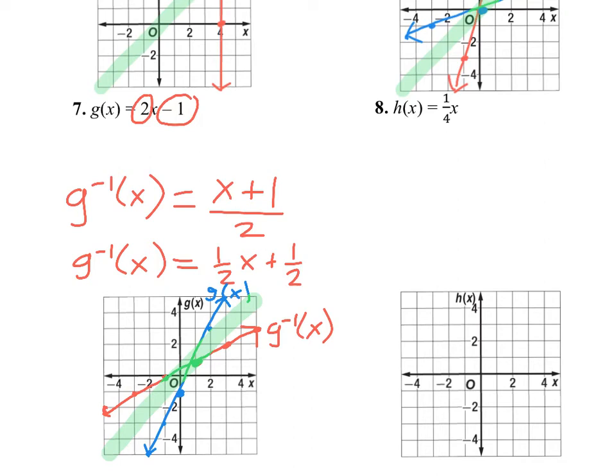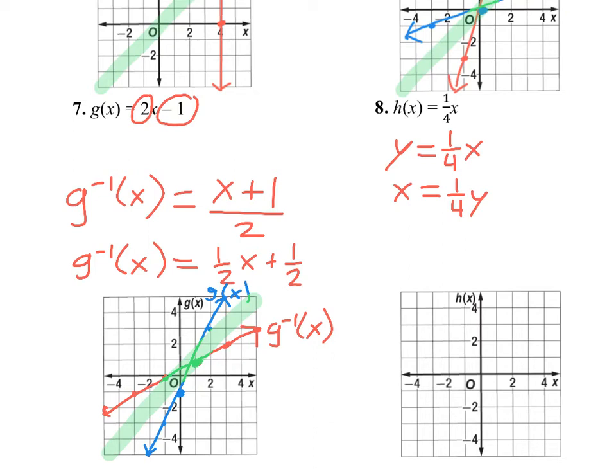Okay, so for number 8, what is happening to x? So I'll do this one both ways. So change h of x to y. X and y trade places. Now solve for y.